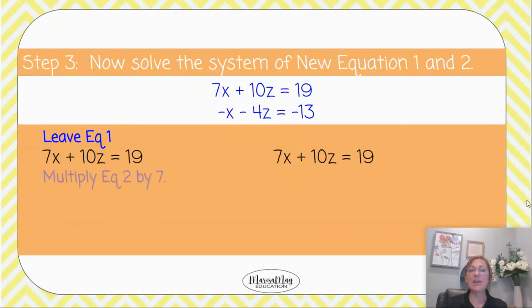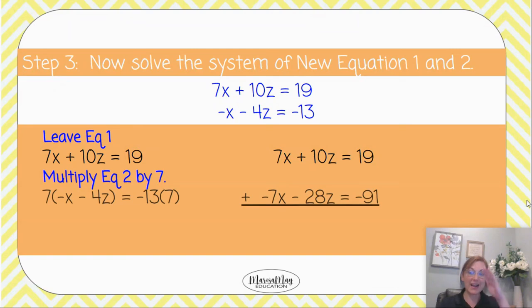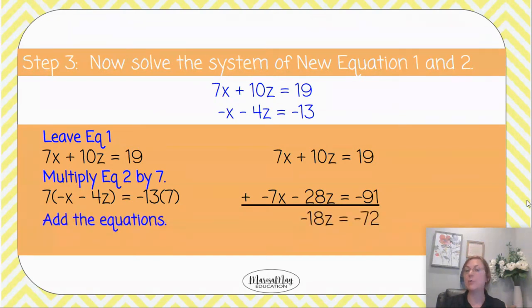I'm going to take equation 2 and multiply by 7. I'm trying to get rid of that x. So now I can add the two equations together and I get -18z equals -72. I can divide both sides by -18. I get that z is 4.